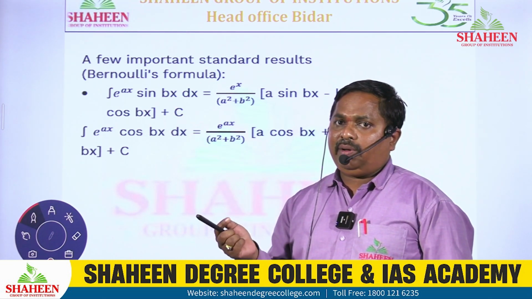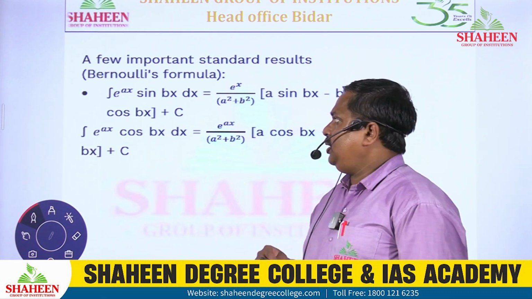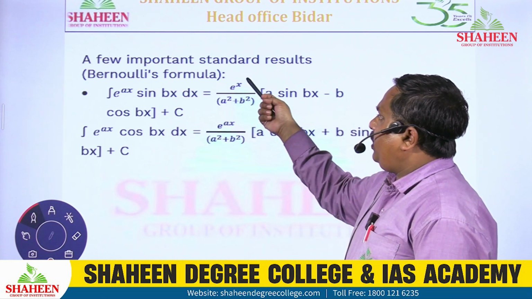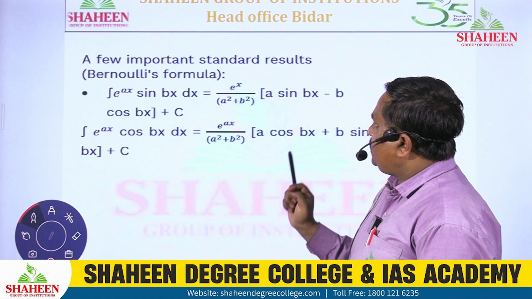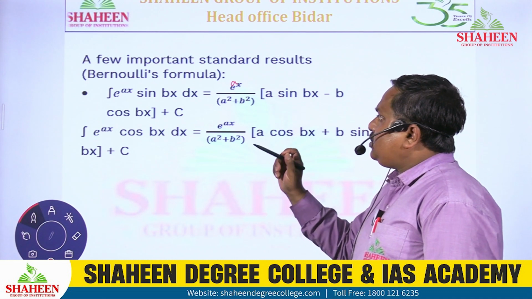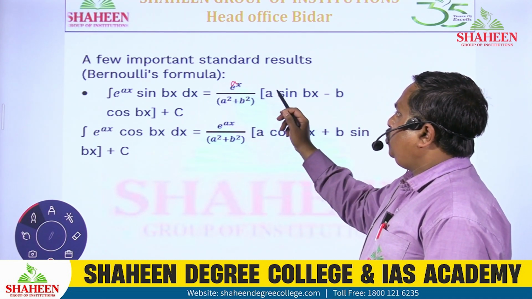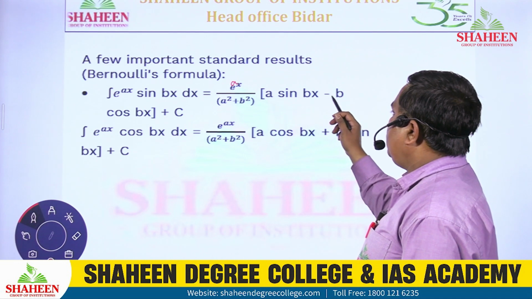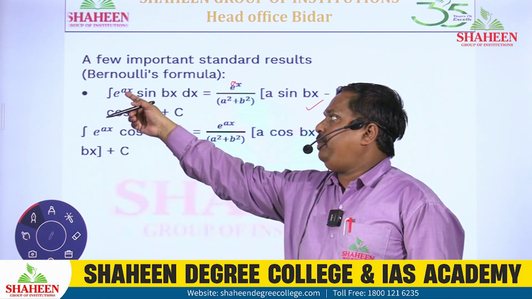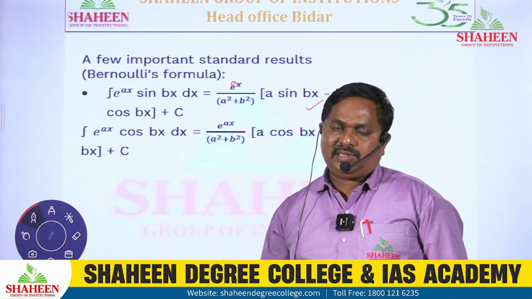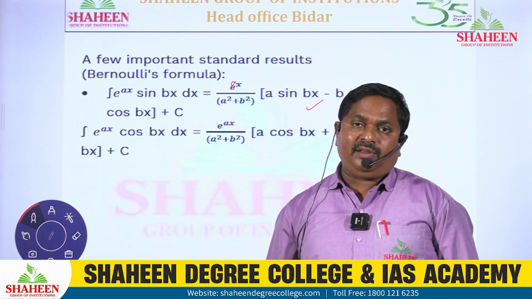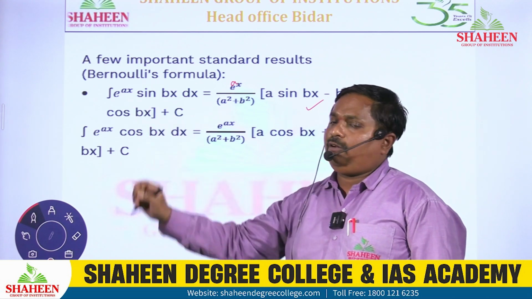The formula is e power ax divided by a square plus b square, into a sine bx minus b cos bx, plus c. Using this formula, in one step we can identify the answer of this kind of problem.